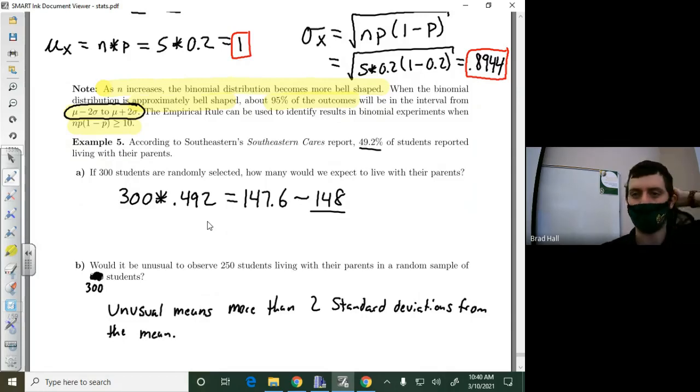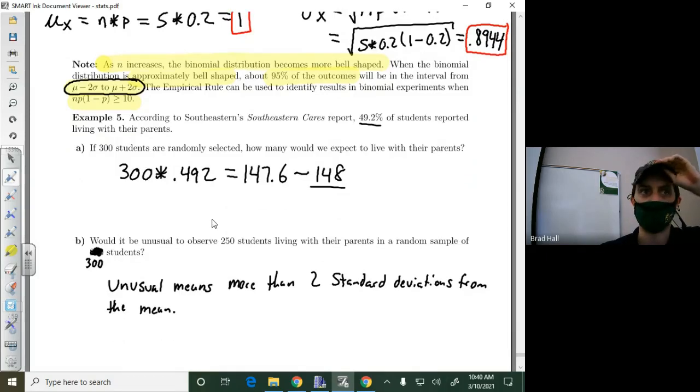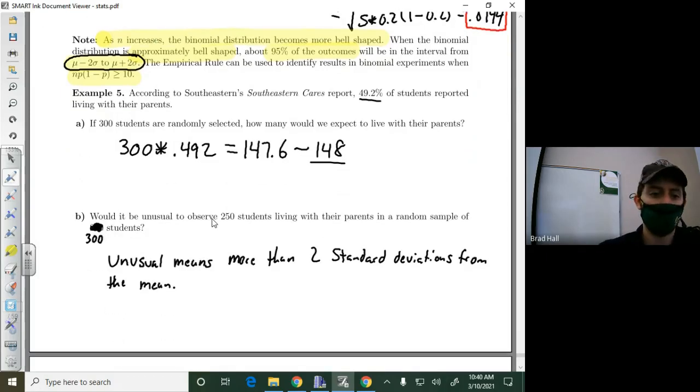So in order to figure out if 250 is unusual, we need to figure out ultimately its z-score. We can't figure it out yet because we don't know the mean or the standard deviation. But hopefully we should be able to figure it out.